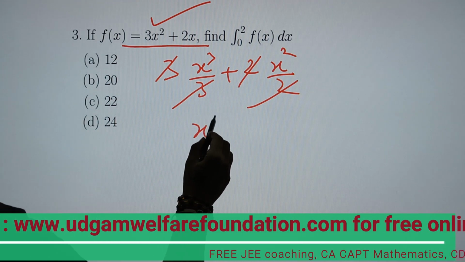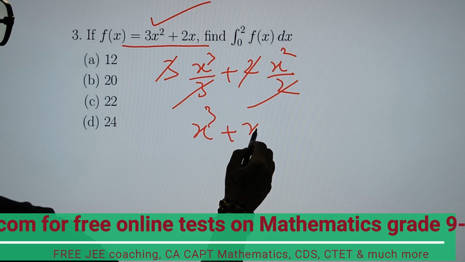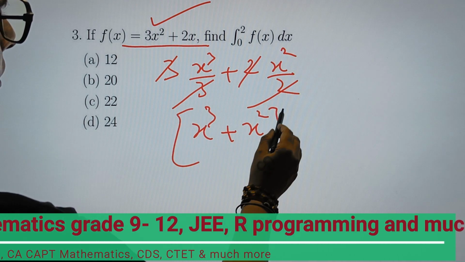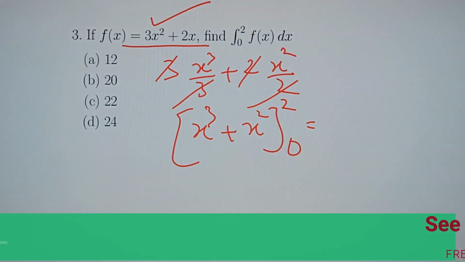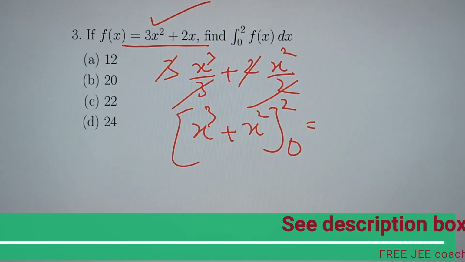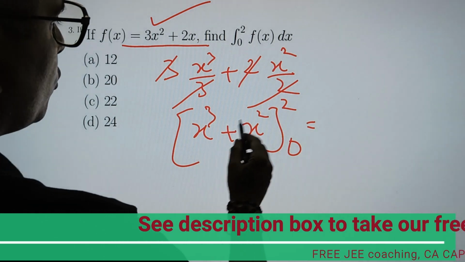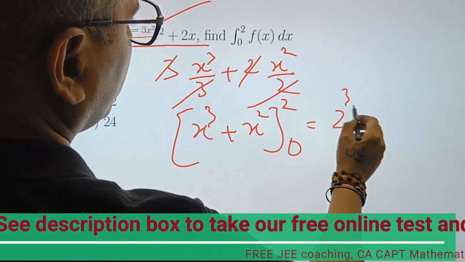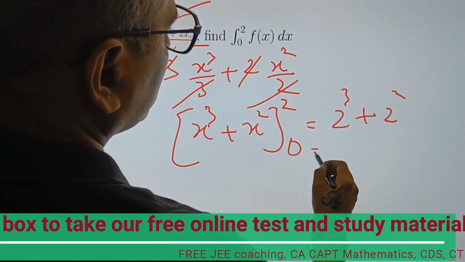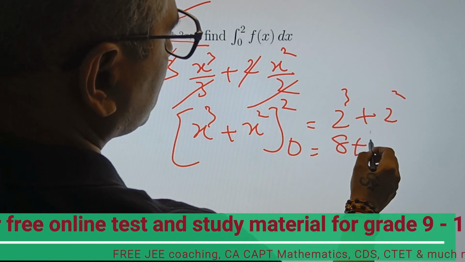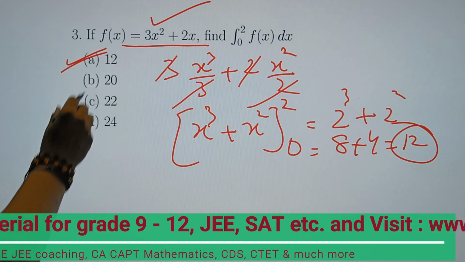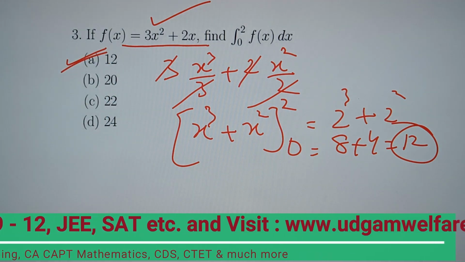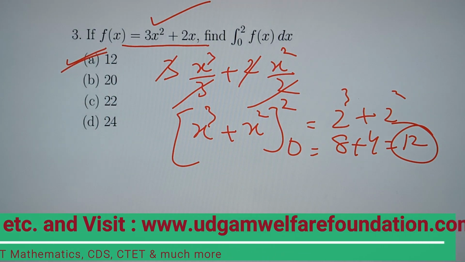Now we can simply put our upper limit and lower limit here, which is 2 and 0. Obviously the lower limit won't give you any value except 0. So x cube, that is 2 cube plus 2 square, which is 8 plus 4, that is 12. So we are getting our correct answer as A, that is 12. I hope this is clear now.